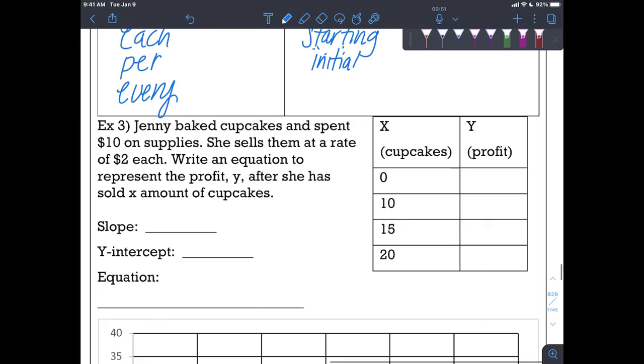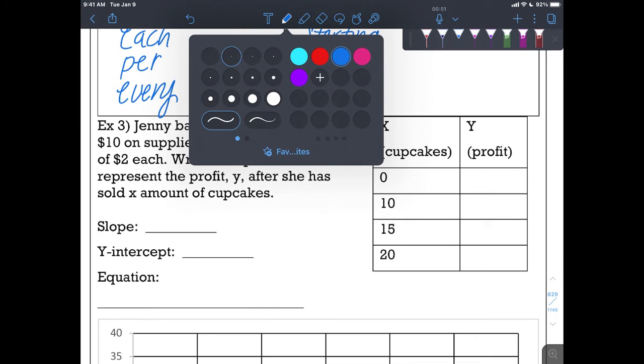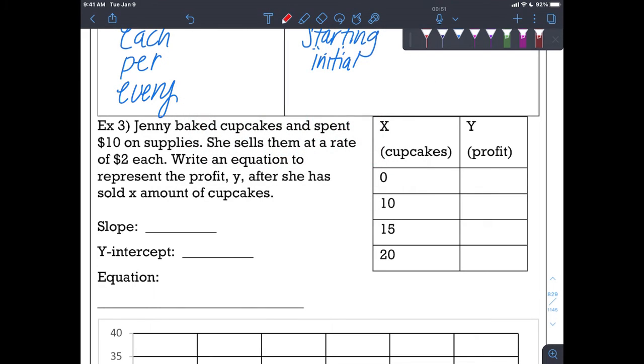So, how do I go about doing this? Well, let's take a look at this first example here. Jenny baked cupcakes and spent $10 on supplies. She sells them at a rate of $2 each. Write an equation to represent the profit she has after selling them. So first of all, we're already starting by spending $10.